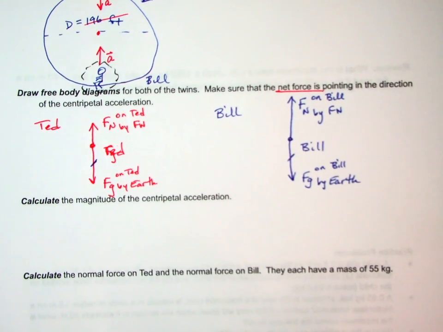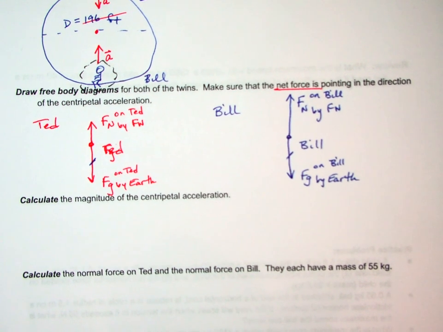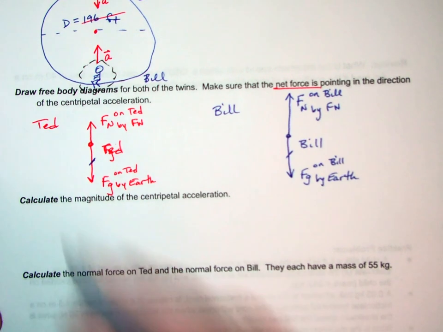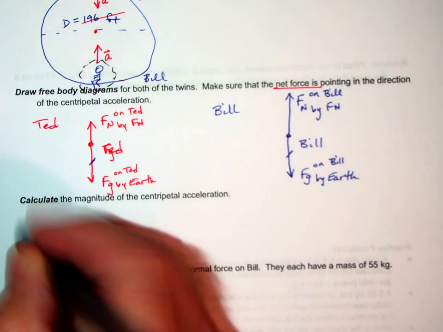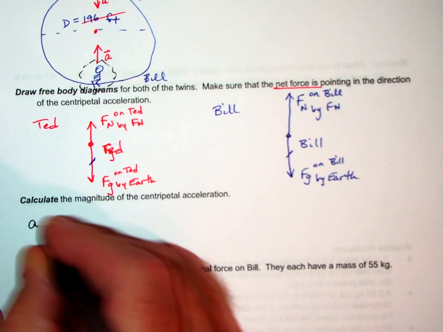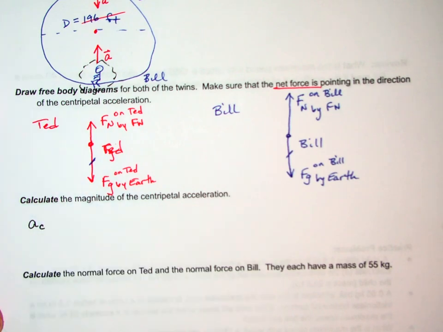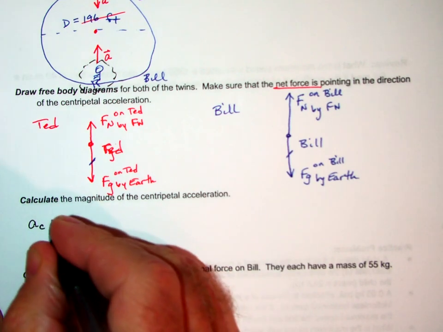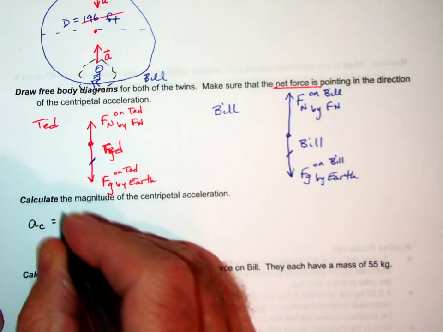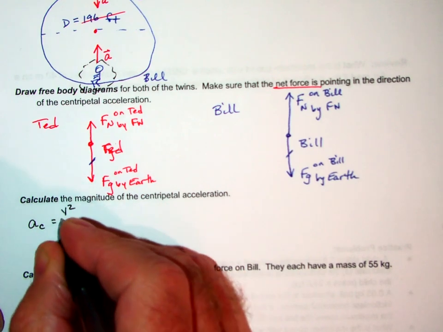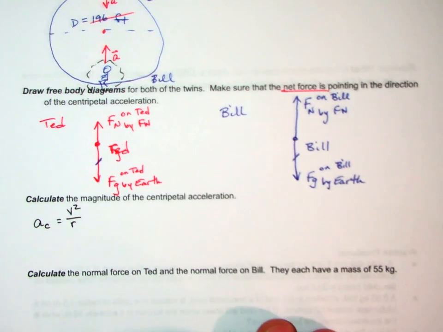Calculate the magnitude of the centripetal acceleration. Well, we learned on Tuesday that centripetal acceleration is the speed squared over the radius.